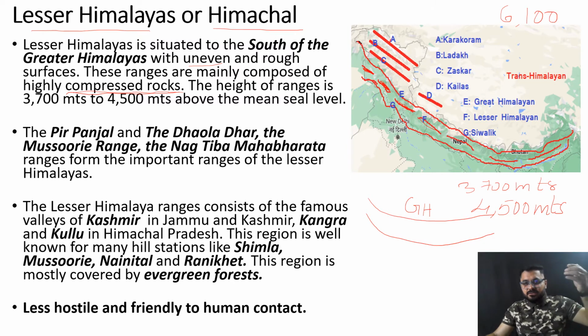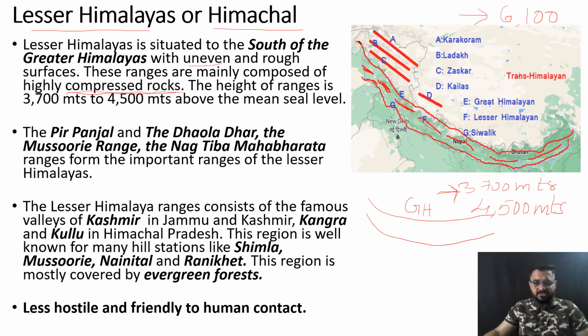Now as we get to the second range of the Himalayas, the height of the mountain ranges is decreasing. As we go into the Lesser Himalayas, the average altitude is between 3,700 and 4,500 meters.